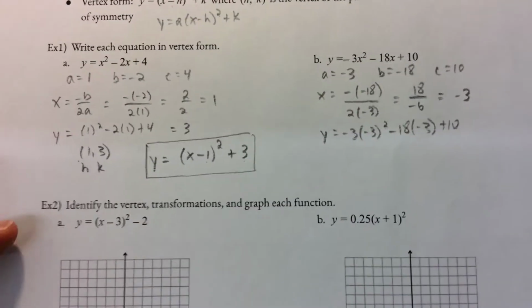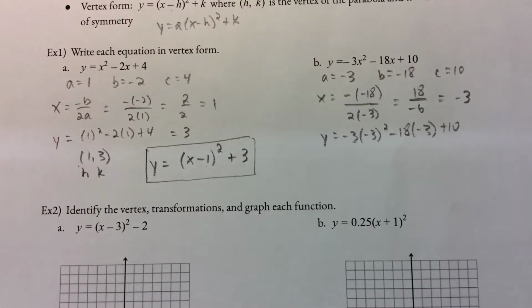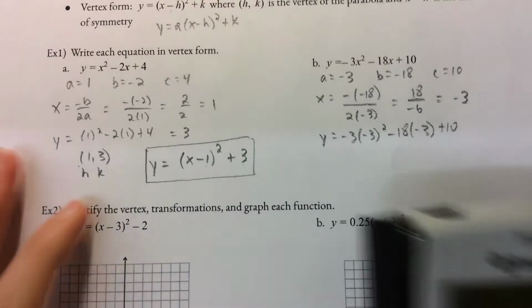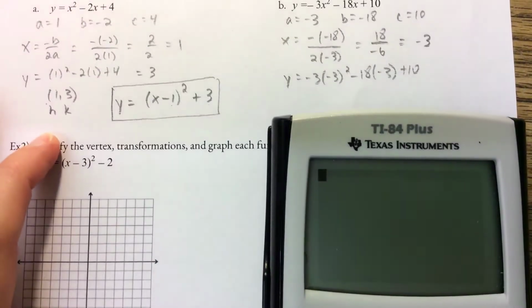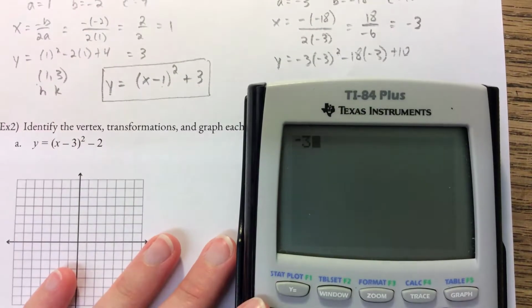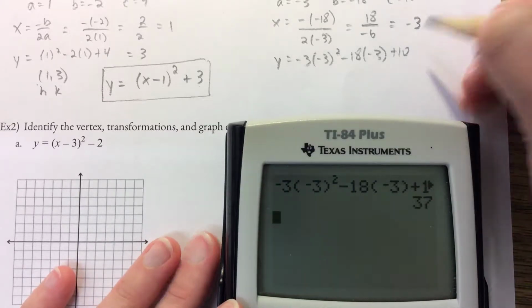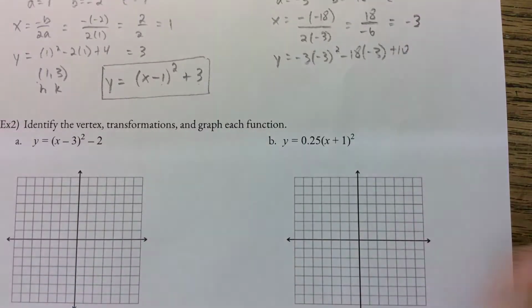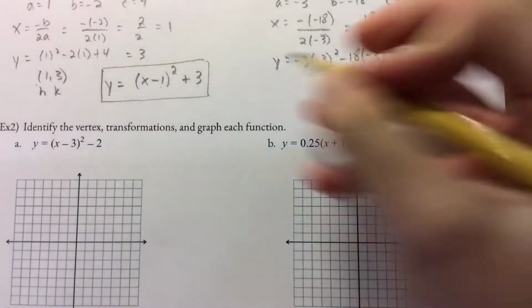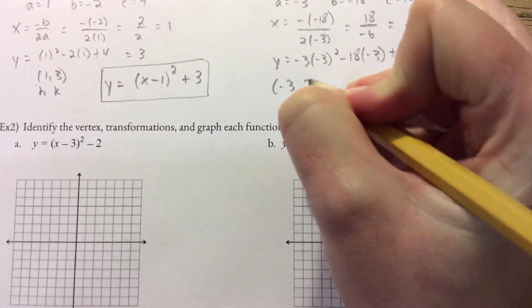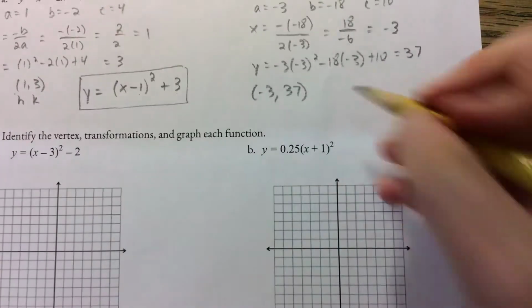Now this one, it is easier to really type these into the calculator. I don't know what 18 times 3 is off the top of my head right away, and that's okay. So I'm going to do negative 3 times negative 3 squared minus 18 times negative 3 plus 10. And that tells me that y is 37. So my vertex is the point negative 3, 37.